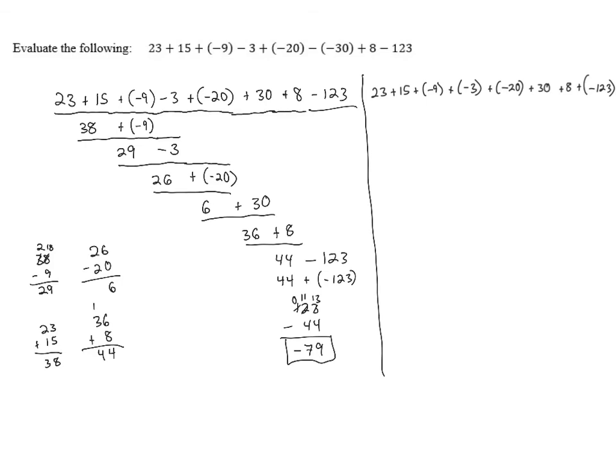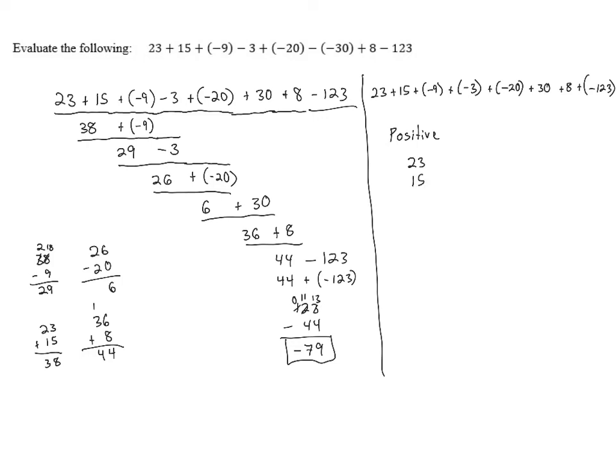So I've rewritten it as a total addition problem. All of the actual operations here are additions. And now the benefit here is that we can take all the positive numbers and add them together, and then all the negative numbers and add those together, and then in the end combine what we have. So let's look at the positives first. 23 is positive, 15 is positive.